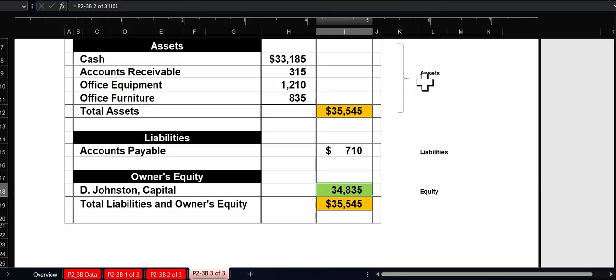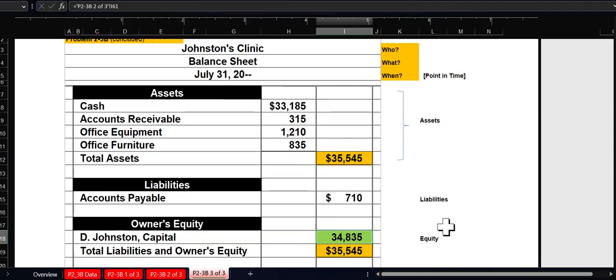But even if we didn't use the statement form, but we use this columnar format, you can still see that this total assets equals total liability plus total equity. And so we know that our balance sheet is in balance.